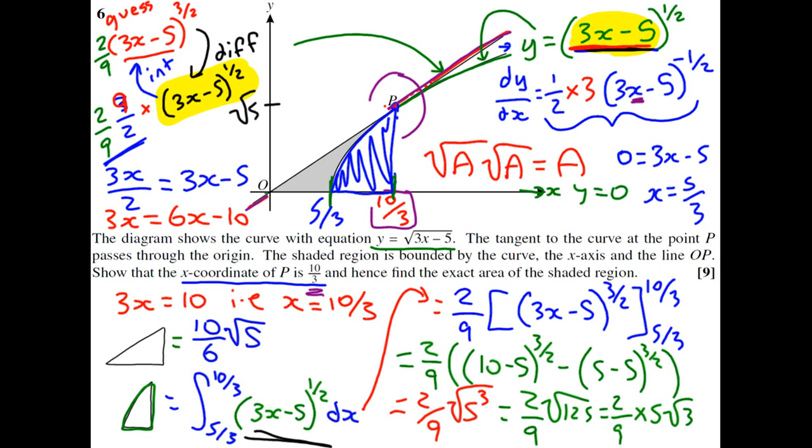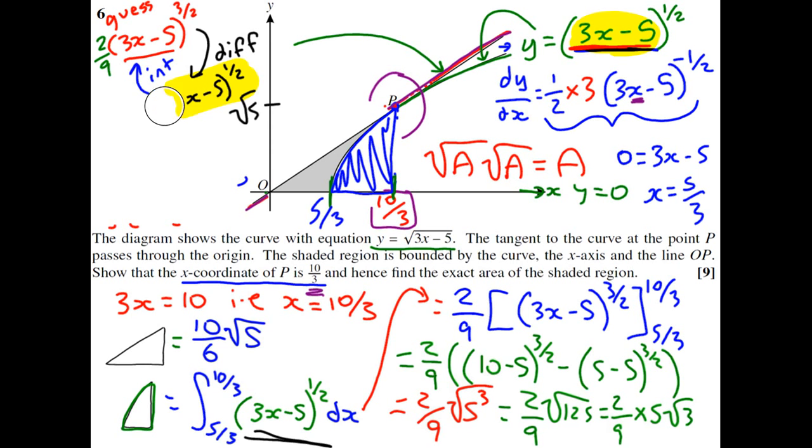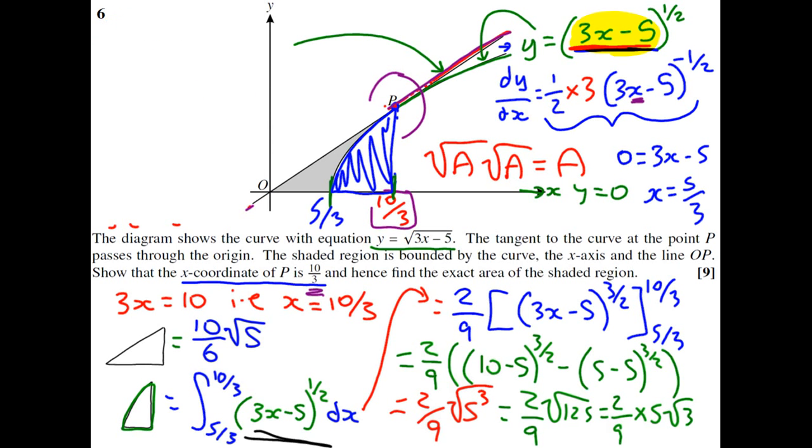Now, the final part of the question is to figure out the total area. Okay, so just giving it a little bit of space to do it here. So total area, shaded. We're going to do a triangle.